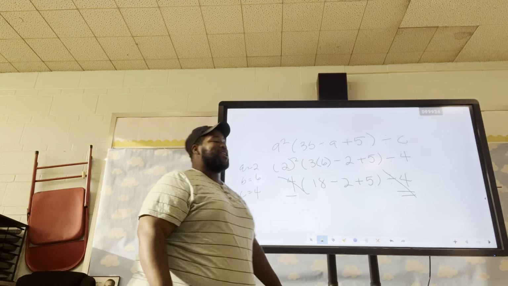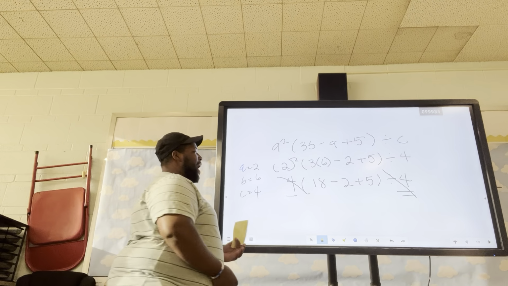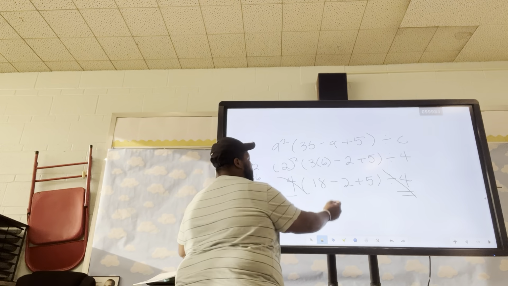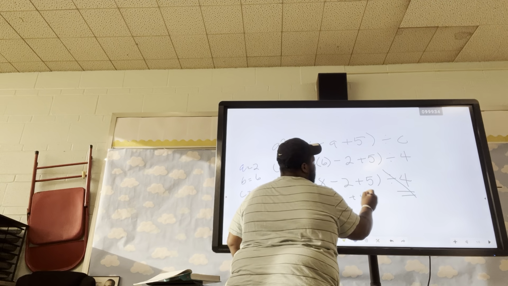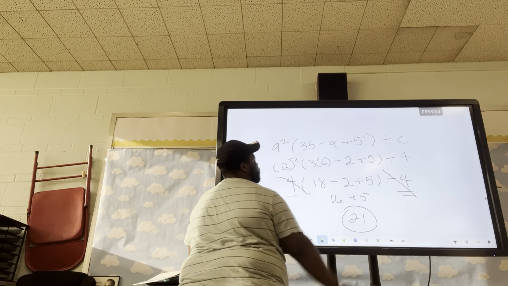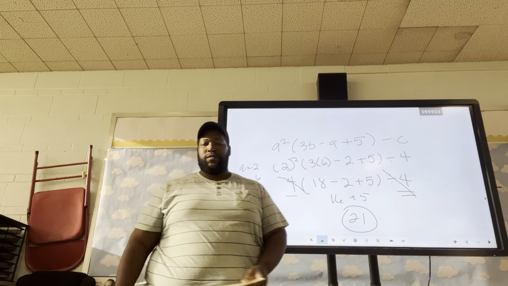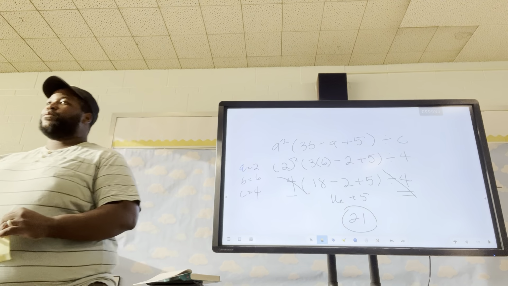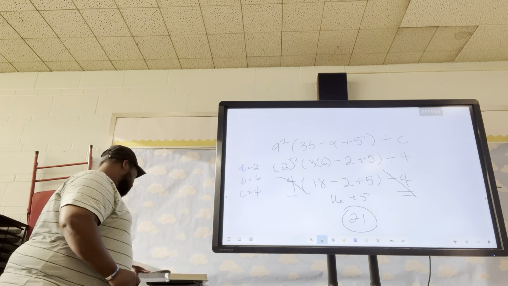We can just do the math in the middle. So adding and subtracting from left to right. 18 minus 2 is 16. Plus 5, 21. Make sense? Light work.